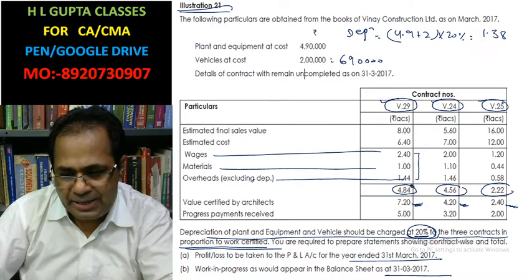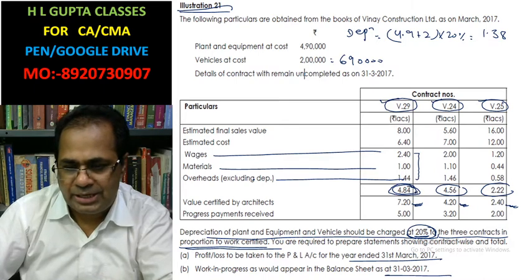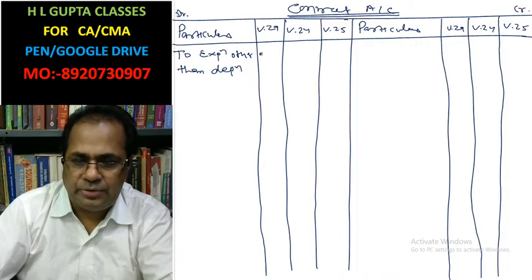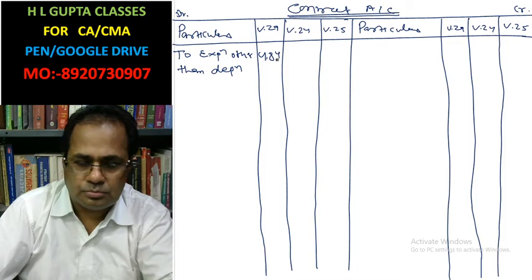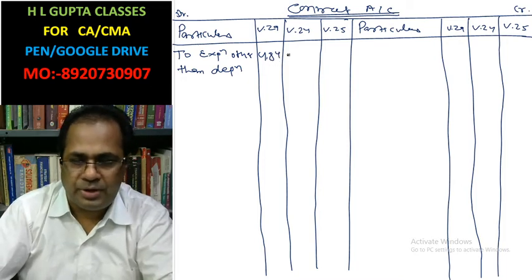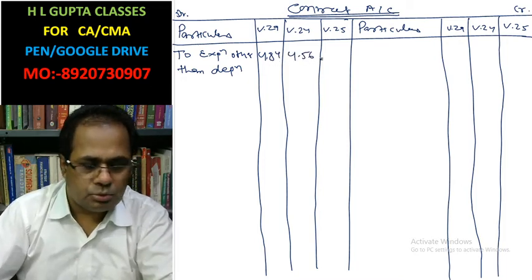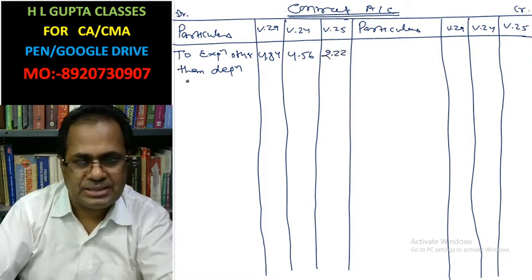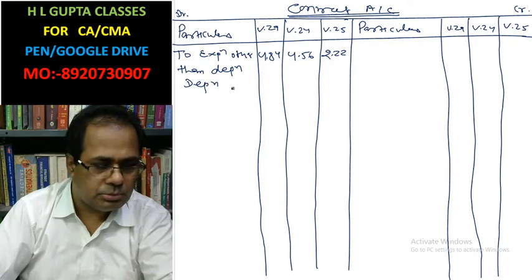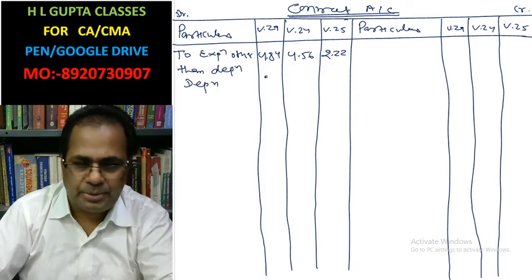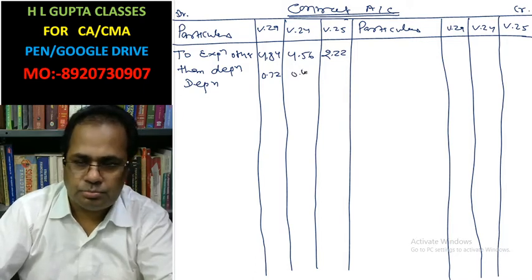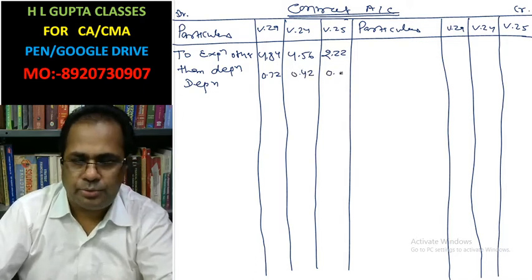These are the expenditure other than depreciation: 4.84, 4.56, 2.22. Depreciation we have already calculated: 0.72, 0.42, 0.24.